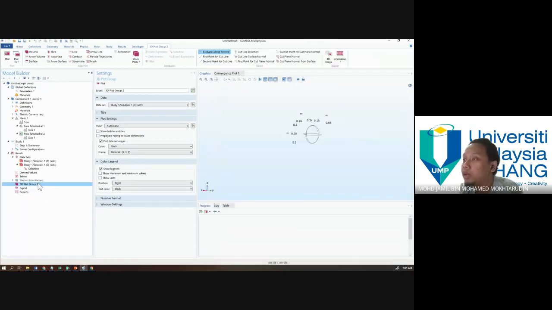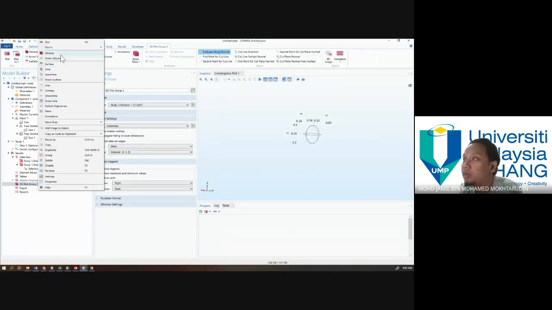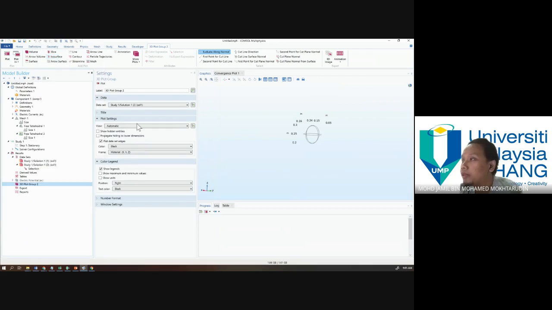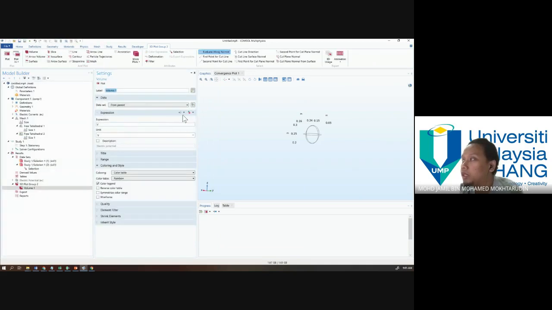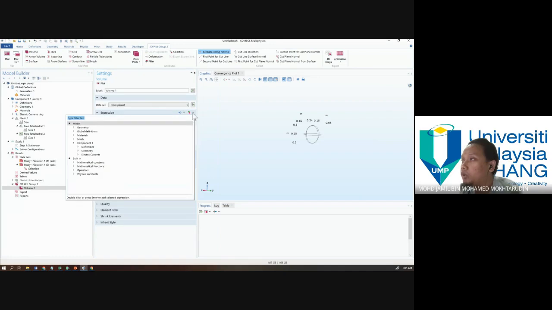So here, right click, choose maybe volume, and then go here in the expression, and then in the electric current, choose current density. I think it's here. Current density.